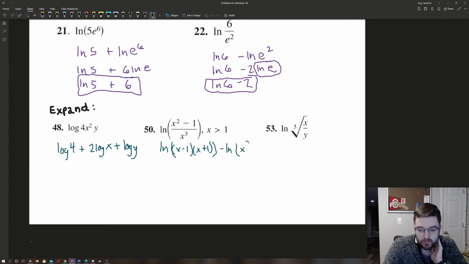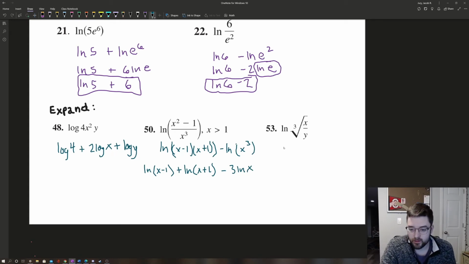So x cubed. And then now I can keep on expanding this now that I've factored. So natural log of x minus 1 plus natural log x plus 1, and then minus 3 natural log x because of that power.